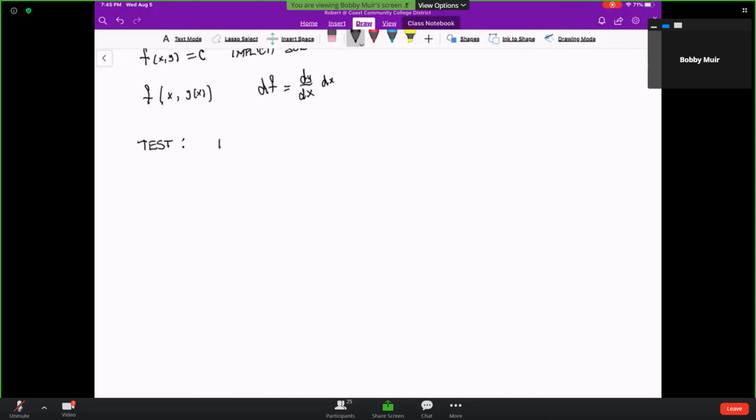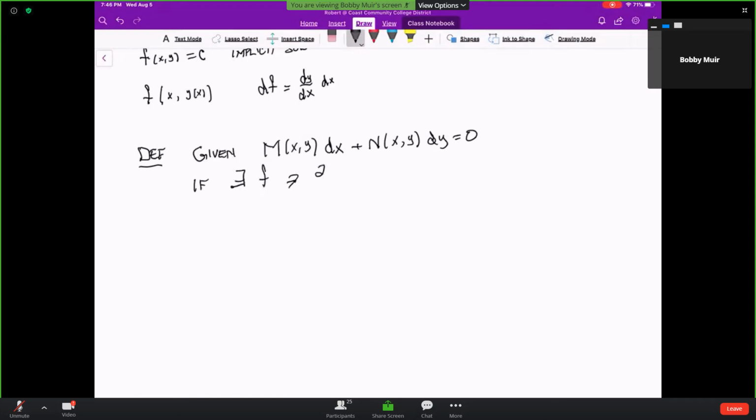So first of all, we'll define this. Definition: if you're given this differential equation, M(x,y) dx plus N(x,y) dy equals 0, if there exists an f such that partial f partial x is equal to M, partial f partial y is equal to N, we say the above differential equation is exact.